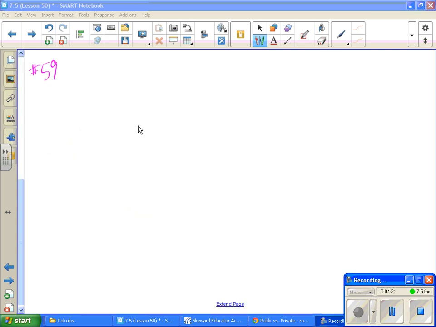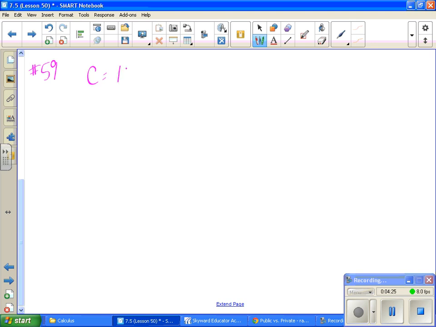All right, so 59, we're starting with this cost function, 10, and instead of xy, the square root of that, I'm going to say xy to the 1/2, same thing, plus 149x plus 189y plus 675.